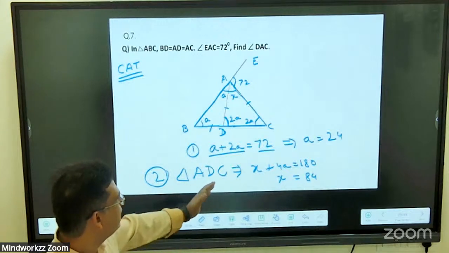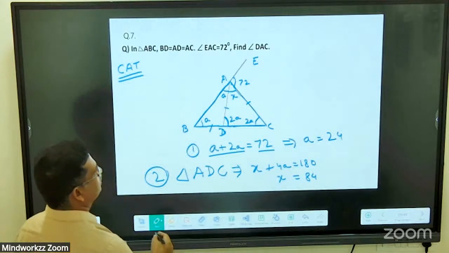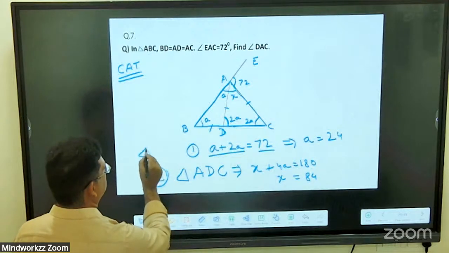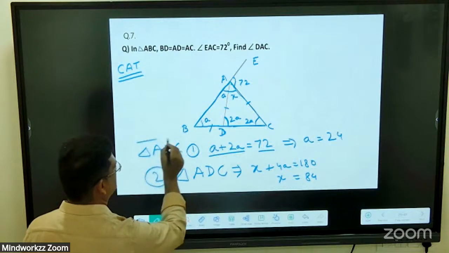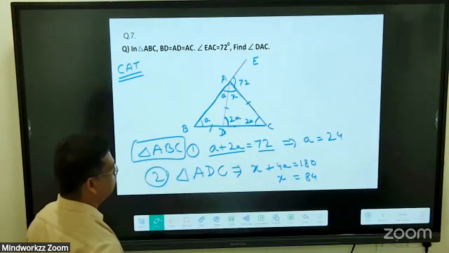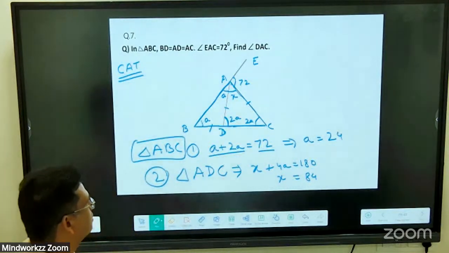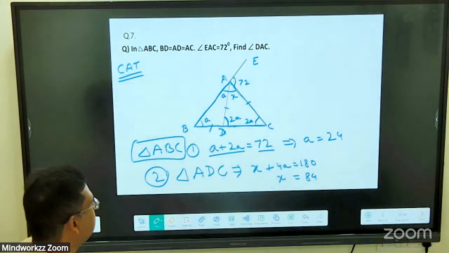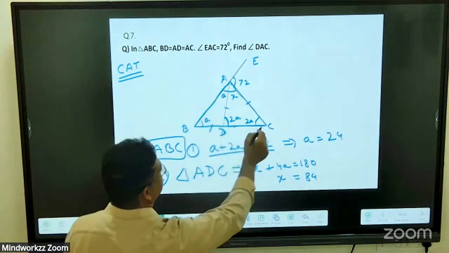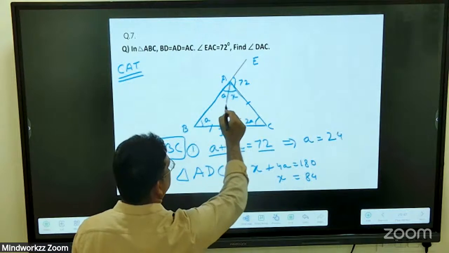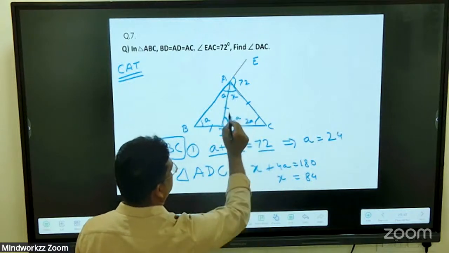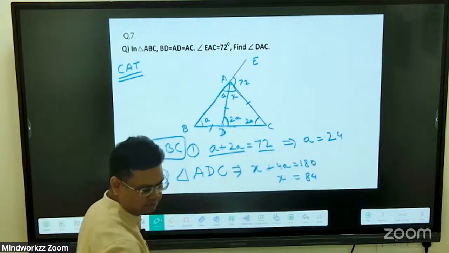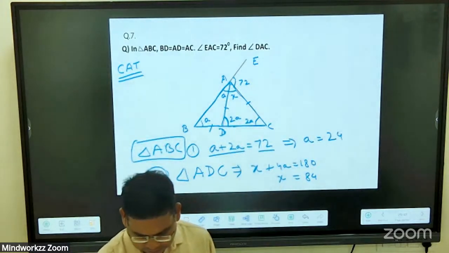And in triangle ADC, you have to use the exterior angle formula. Take the smaller triangle ADC: x plus 4a is equal to 180 degrees. Simple. Sum of angles.